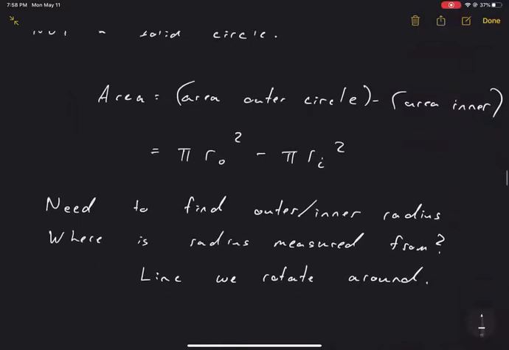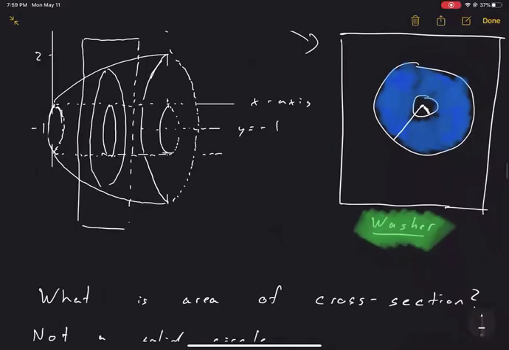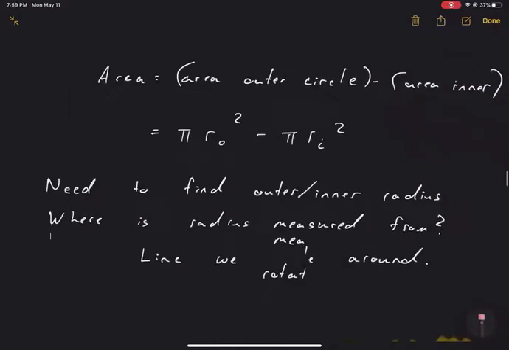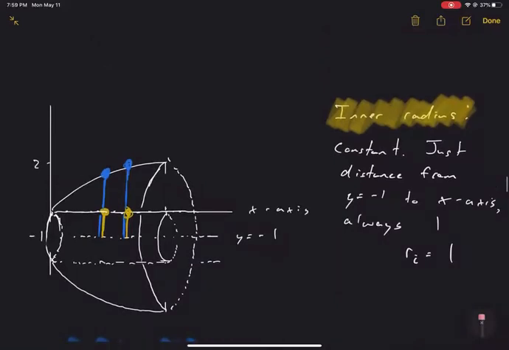Okay, now I need to find the outer radius and inner radius for each cross section. All right, so the cross sections look like this. The outer radius and inner radius really depend on where on the object I am, right? The inner radius in this case is constant.